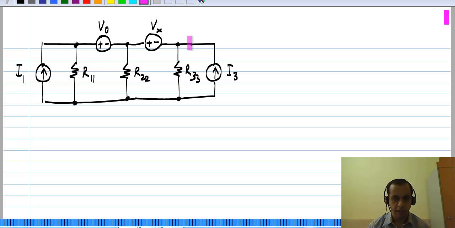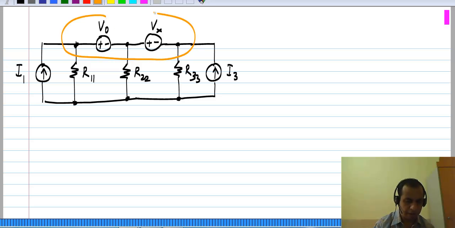So what do you do in this case? Clearly, you have to make a supernode of all these three nodes, because you don't know the current through this voltage source or that one, and those have to be eliminated from our equations. So you form a single supernode out of three nodes.